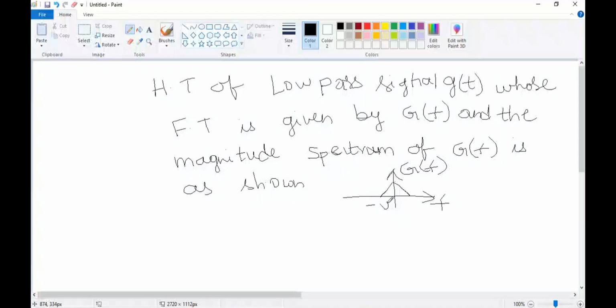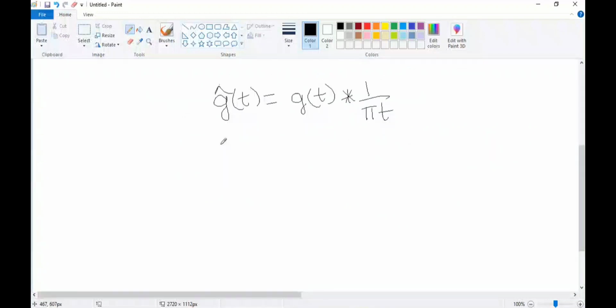G cap of t is nothing but G of t convolved with 1 by pi t. So you can directly take the Fourier transform. Given G of t, the Fourier transform of this is G of f.